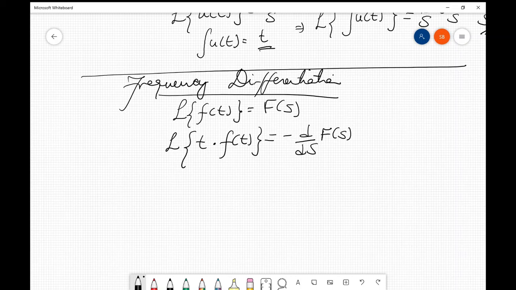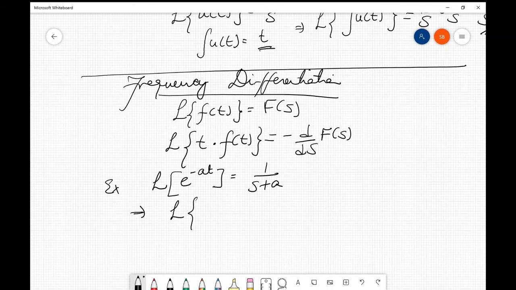So for example, we know that the Laplace transform of e raised to minus at is 1 over s plus a, right? Which implies the Laplace transform of t times e raised to minus at.